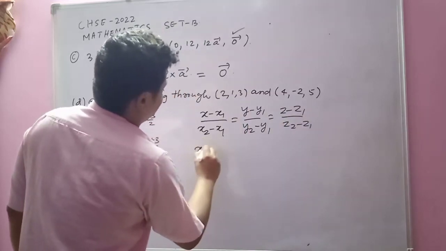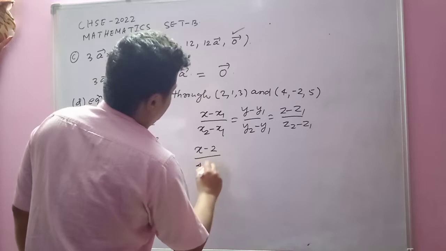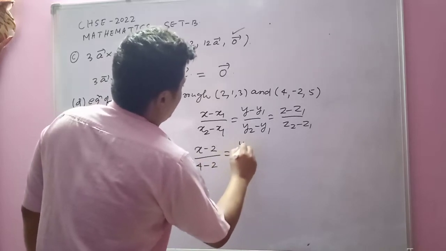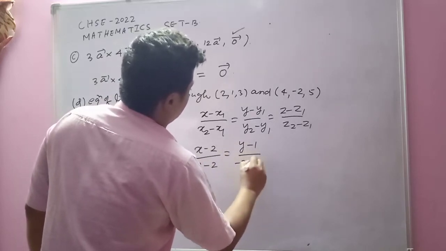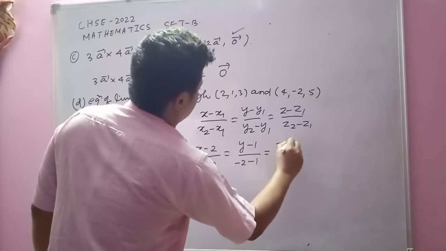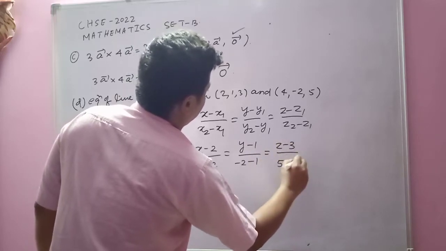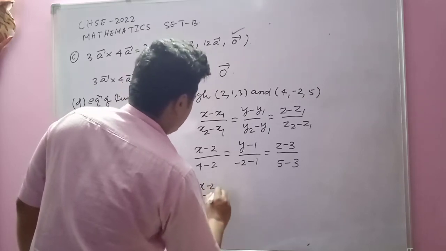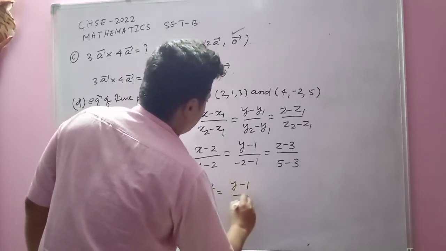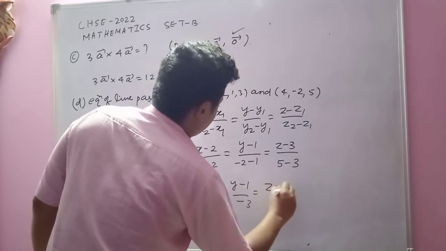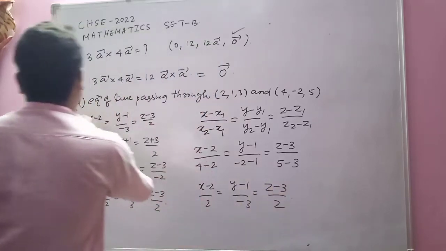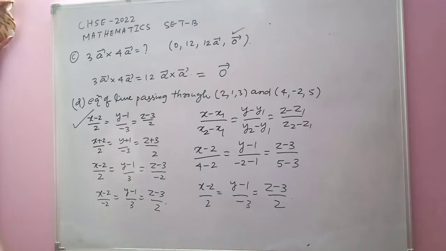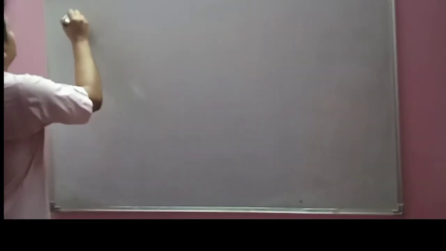So this will be x minus 2 divided by 4 minus 2, y minus 1 by minus 2 minus 1, z minus 3 by 5 minus 3. So you get x minus 2 by 2, y minus 1 by minus 3, z minus 3 by 2. So the answer is this. Next question.